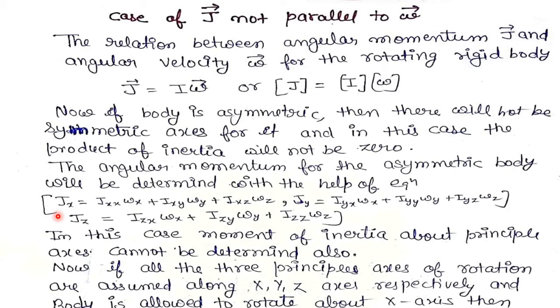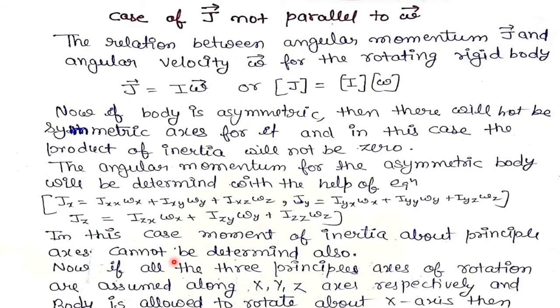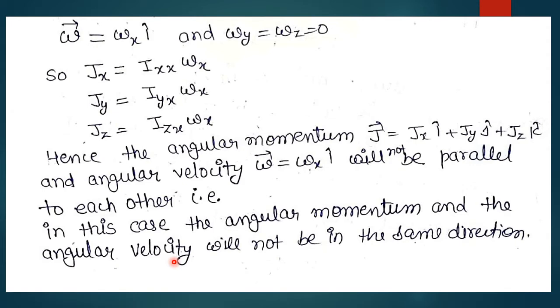Now, if all three principal axes of rotation are assumed along the x, y, z axes respectively, and the body is allowed to rotate about the x-axis, then we will have omega equals omega x i cap, because the body is rotating about only the x-axis. So omega y and omega z will be 0.